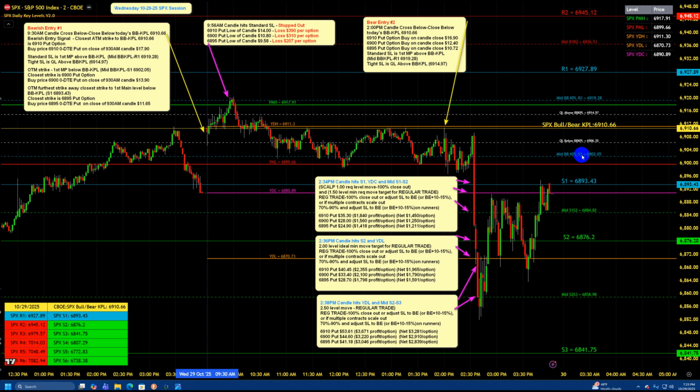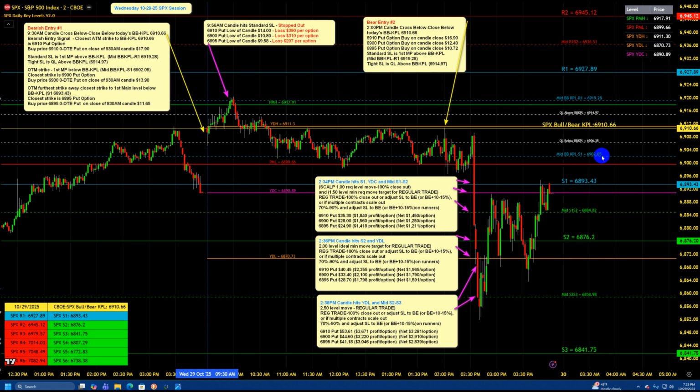The first out-of-the-money strike is the first midpoint below the level that you're taking the bearish play from. Since the bearish play happens to be from this level, we look to the first midpoint level below, and that is mid BBKPL S1, 6902.05, and the closest strike to that is the 6900 SPX strike.